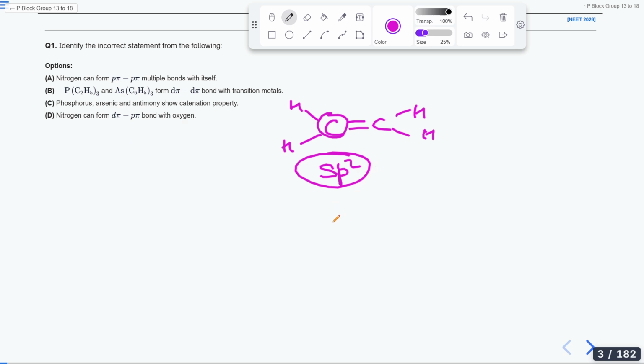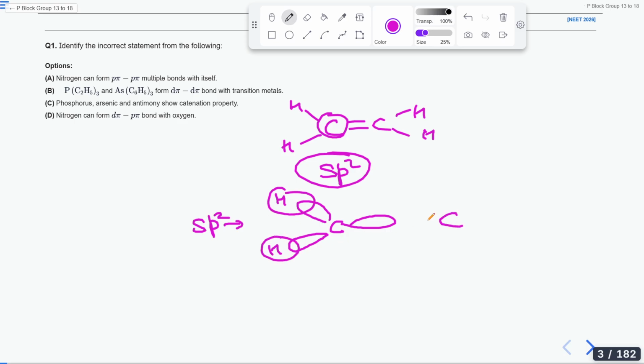Yes, it is 1. So if I consider an ethene molecule, it is sp2 hybridized. So this is your sp2 hybridized orbital of carbon. 3 orbitals will be there. Each of them will have a bond with the hydrogen, and one of them will have a bond with the carbon.